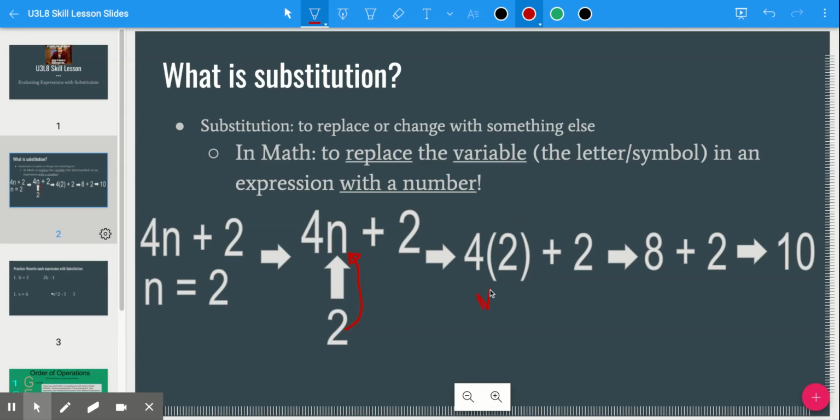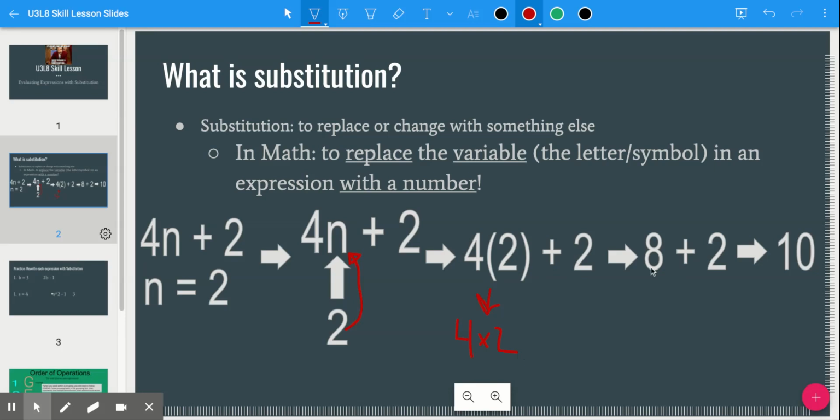Also, quick reminder, when you see a number and then a parentheses and then another number and then the closing of the parentheses, so basically a number next to a number that's separated by parentheses, that is the same thing as multiplication. So 4 times 2.